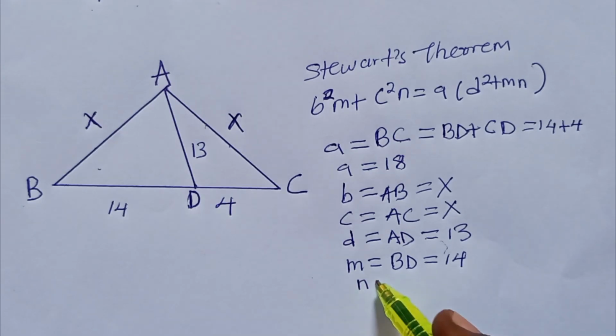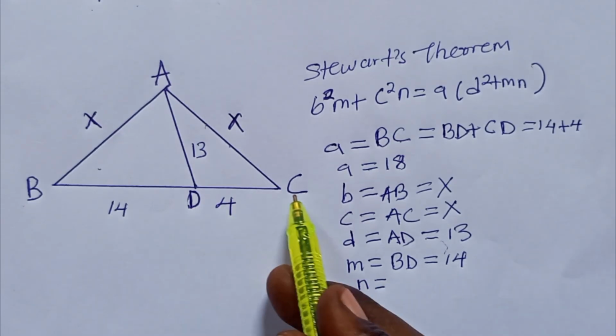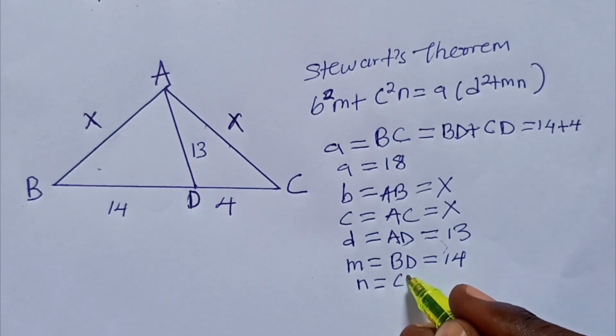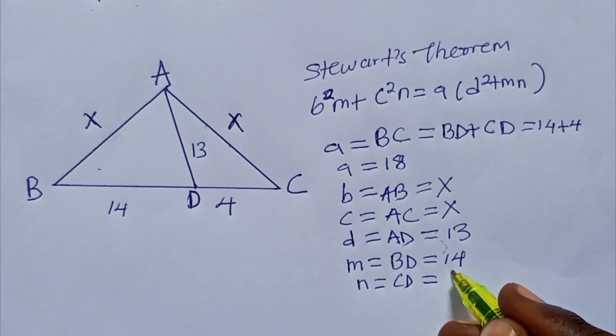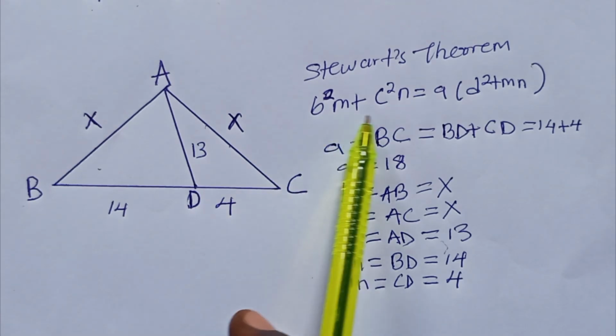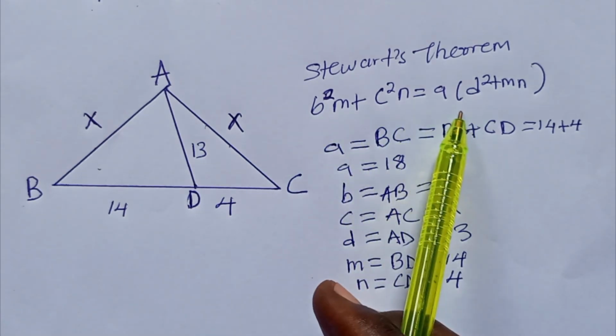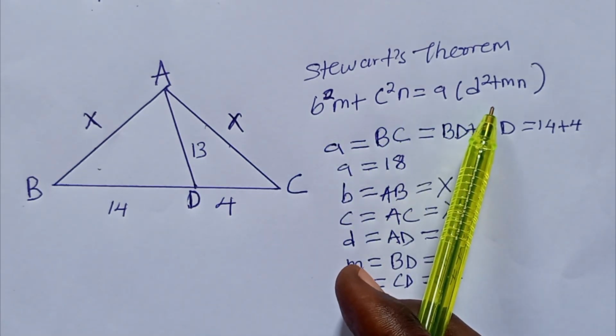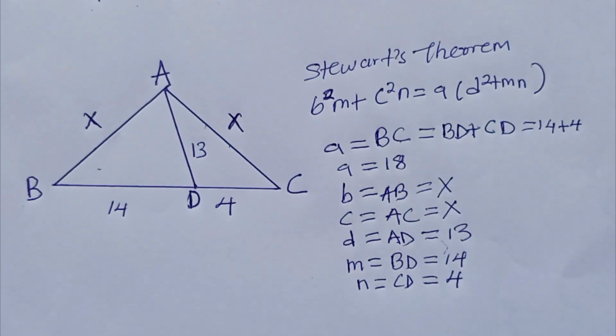Then our n in Stewart's theorem is CD, which is 4. So our Stewart's theorem is giving us b squared m plus c squared n equals a into the bracket of d squared plus m times n, close bracket.